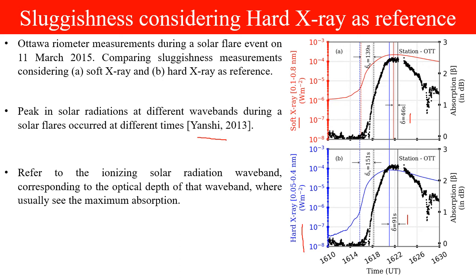So we propose that we refer to those ionization wave bands which correspond to the optical depth that produces the maximum absorption at that particular height. And as you know, different wavelengths of solar irradiance have different heights as their optical depth, so it's a complicated thing to choose.